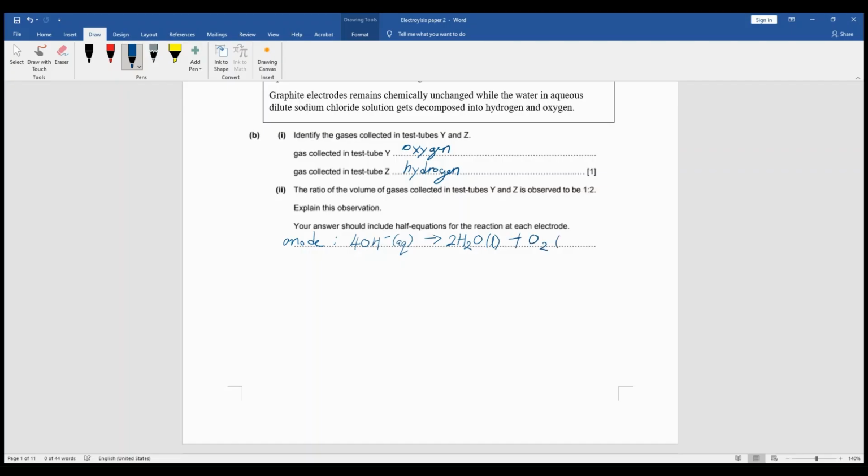O2. The skill is more important than the memorization. I don't really advise memorizing. So at the cathode, your H+ aqueous takes electrons, and becomes H2 gas.